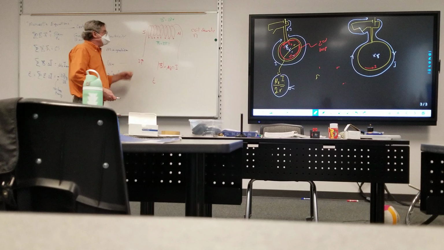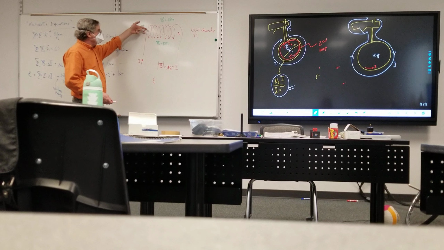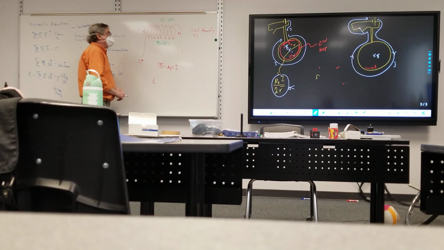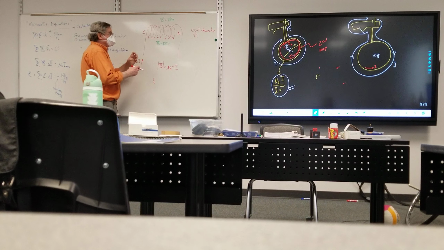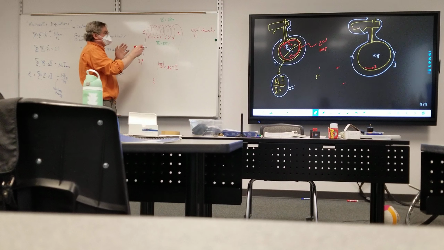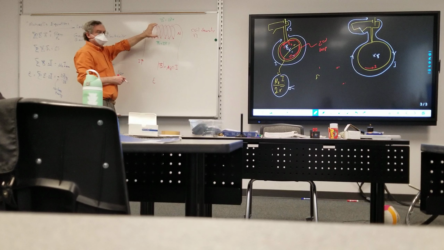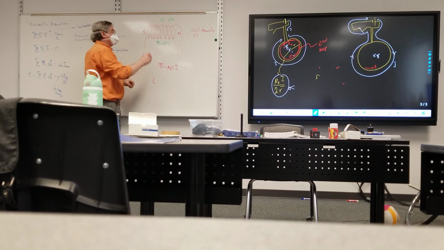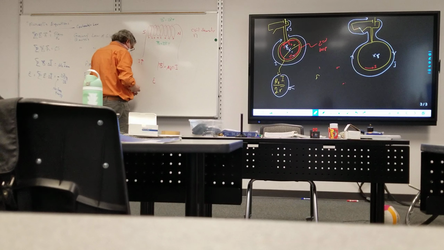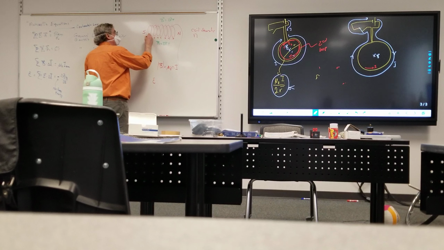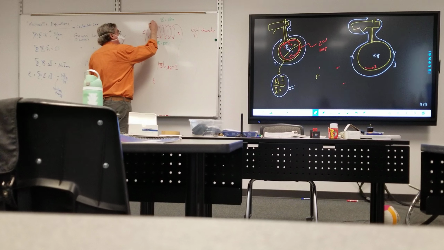I know that because I'm going from a magnetic field of 0 in the middle to the magnetic field of this, that the magnetic flux is increasing. And because the magnetic flux is increasing, the induced current will try to decrease it by going in the opposite direction. So I'll have a secondary current that is going the opposite direction.